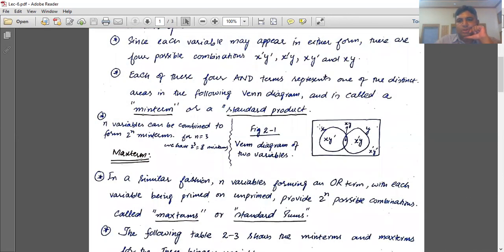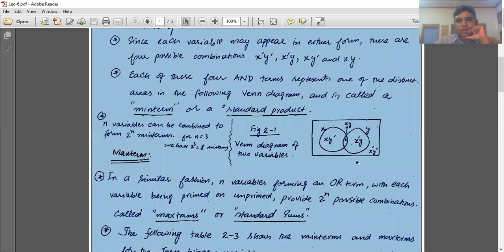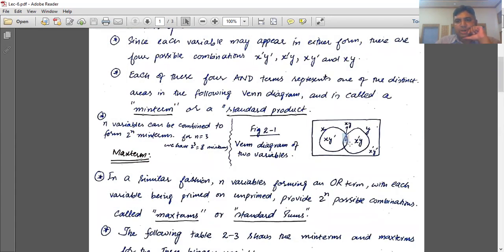You can see that this circle represents x and this circle represents y. The common region between them is x and y, because in this region both circles are represented. So this region will be called xy, or x and y. In this region, the X circle is available, but the Y circle is not, because the Y circle appears towards the right of this shaded area.